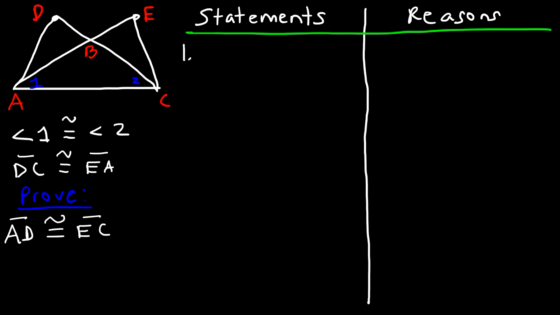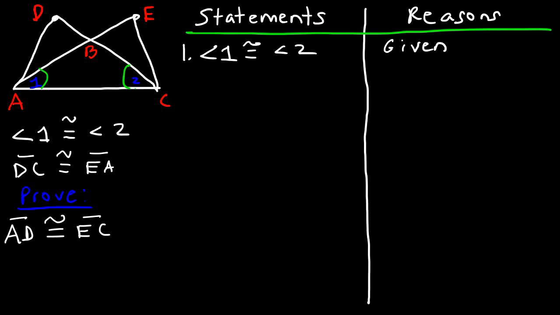So number one, let's start with the angles. Angle 1 is congruent to angle 2, and that's given. Now notice that angle 1 and 2 are part of a single triangle as opposed to two separate triangles. So what can we conclude from this information?